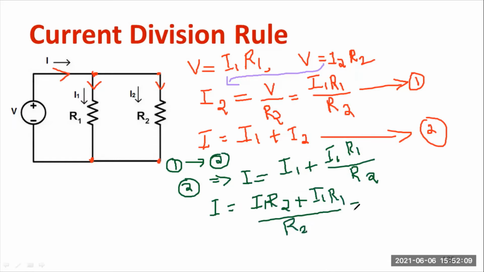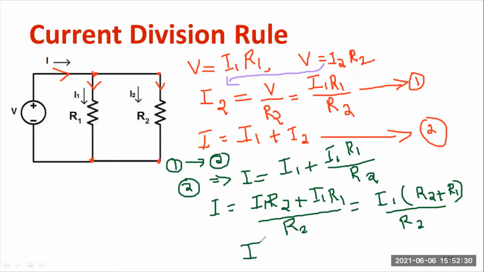Take I1 as a common factor. I1 into R2 plus R1, you can write R1 plus R2 also, no problem, divided by R2. Our ultimate intention is to calculate I1. What is the value of I1?